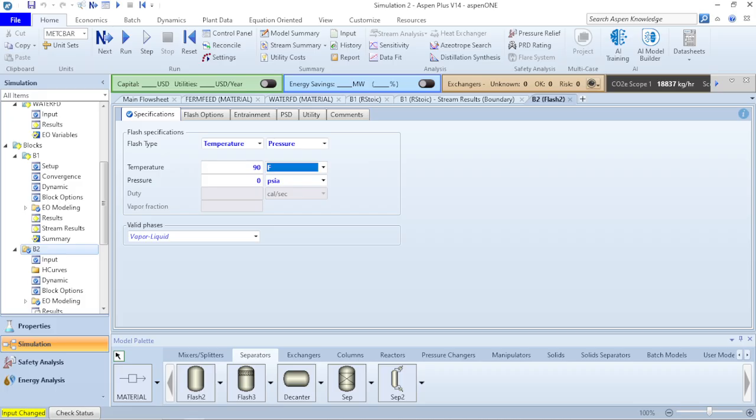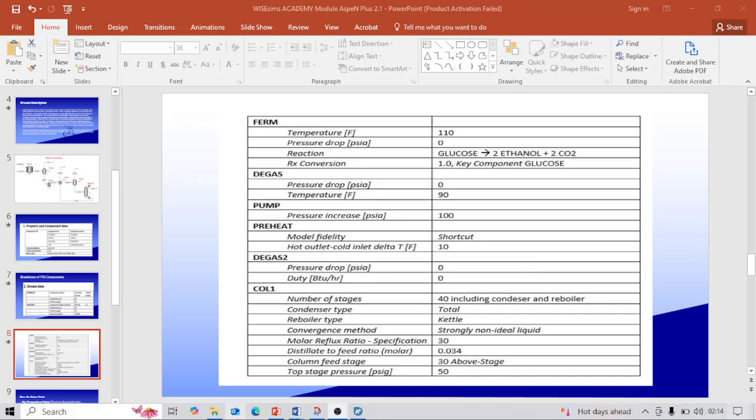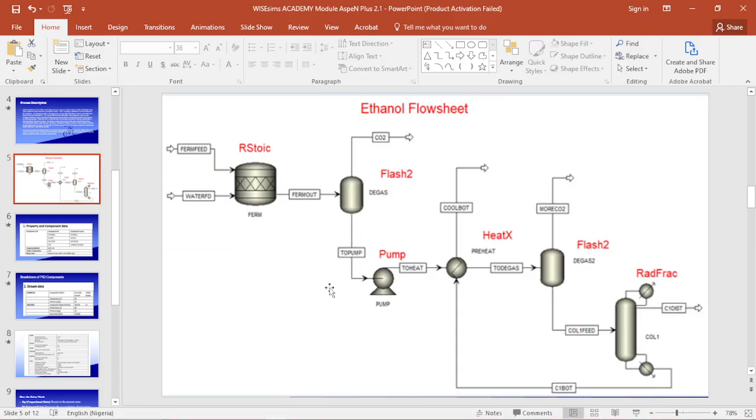Alright, so let's add the pump. Let me show you where the pump is actually for the liquid coming out from the degas. Remember this is it, so this is the pump we're trying to add. So we have CO2 and then we have to pump, we have frame out.